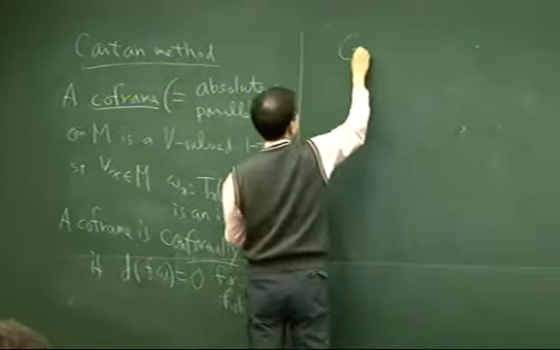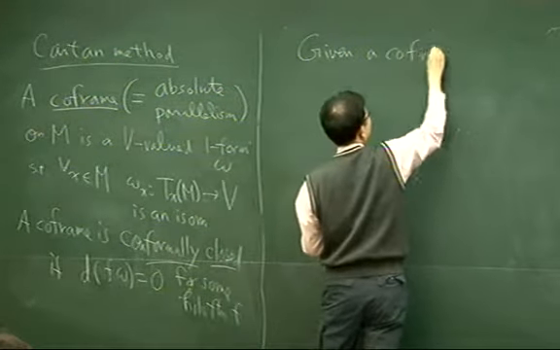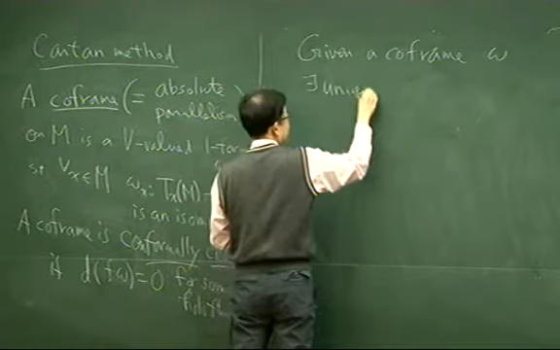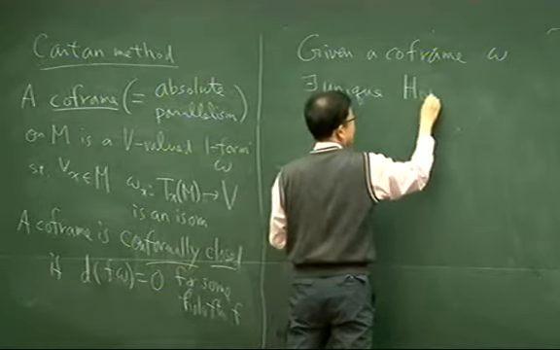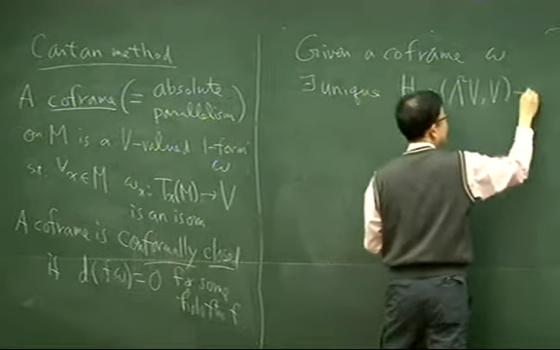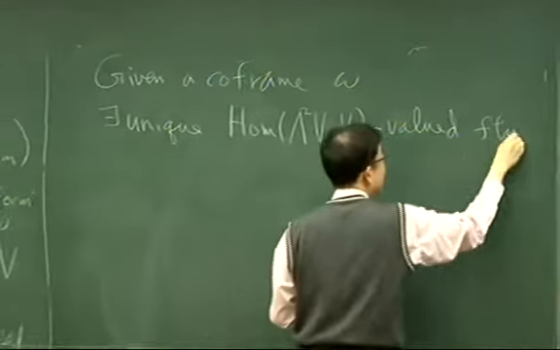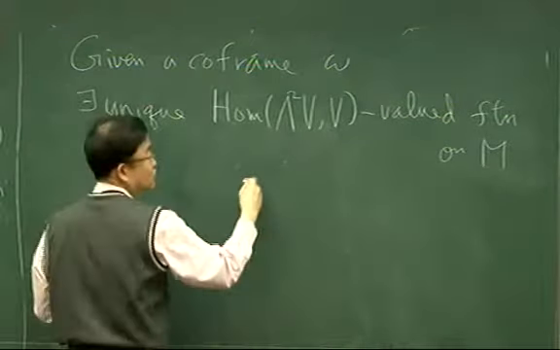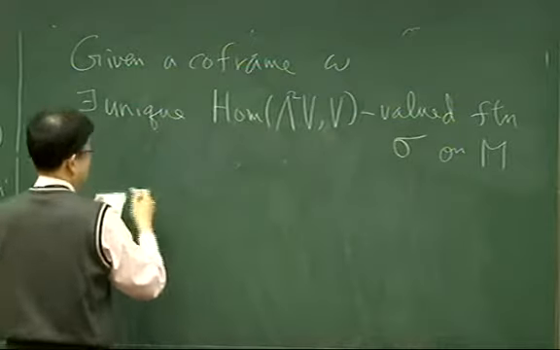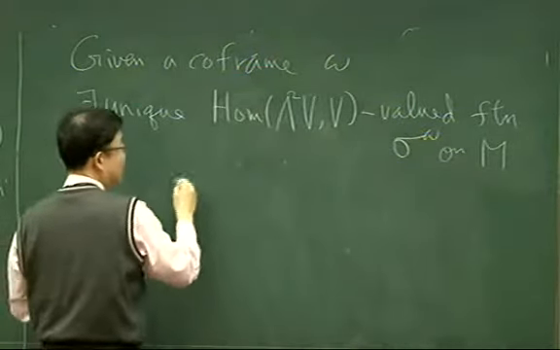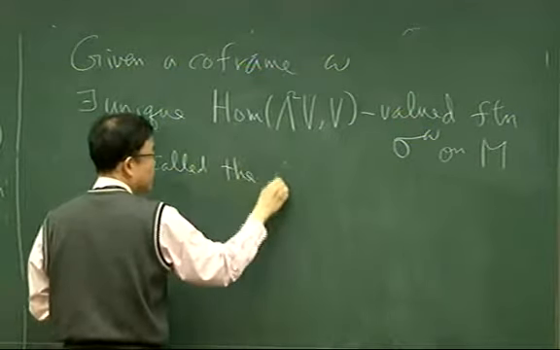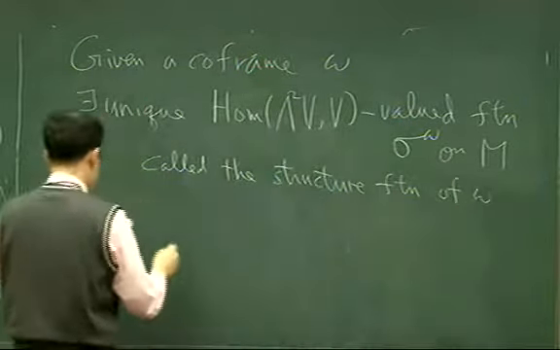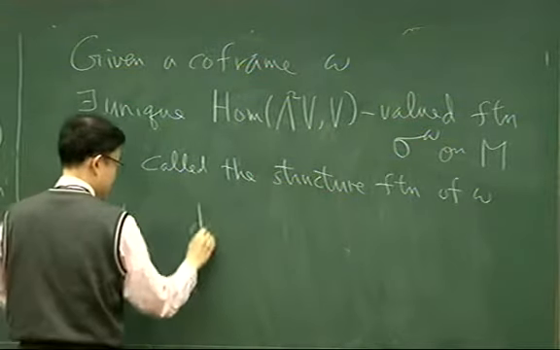Now, given a co-frame, there's a unique function on M with values in homomorphisms, say, unique function sigma omega, called the structure function of omega, such that d omega is sigma omega.